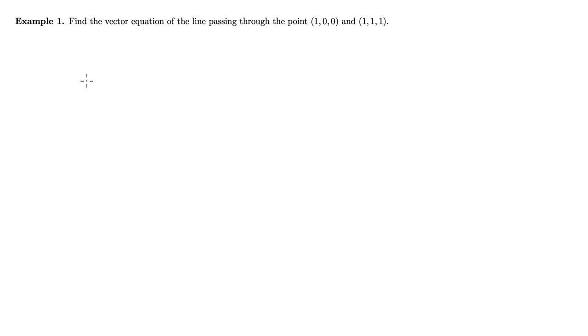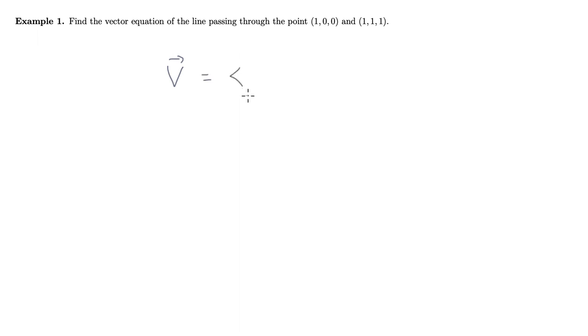Okay, so we want to find the vector equation of the line passing through the points (1, 0, 0) and (1, 1, 1). So we have two points on the line. We only need one point on the line. But the other thing that we need is a vector pointing in the direction of the line. We can just use the vector pointing between these two points.